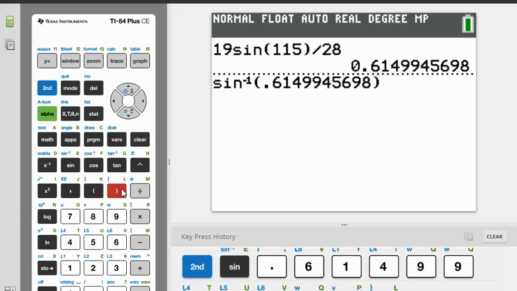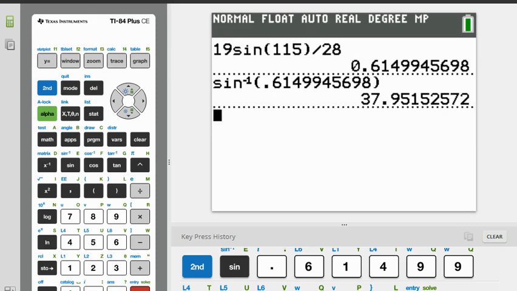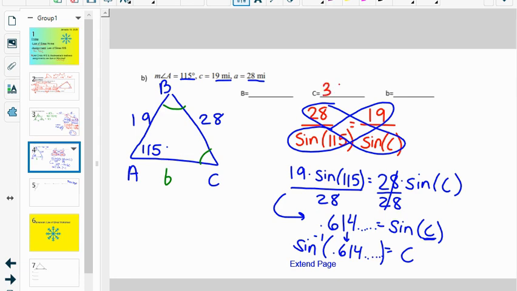And that's how you get angle C. It's about 37, we can round that to 38 degrees. It's an angle.